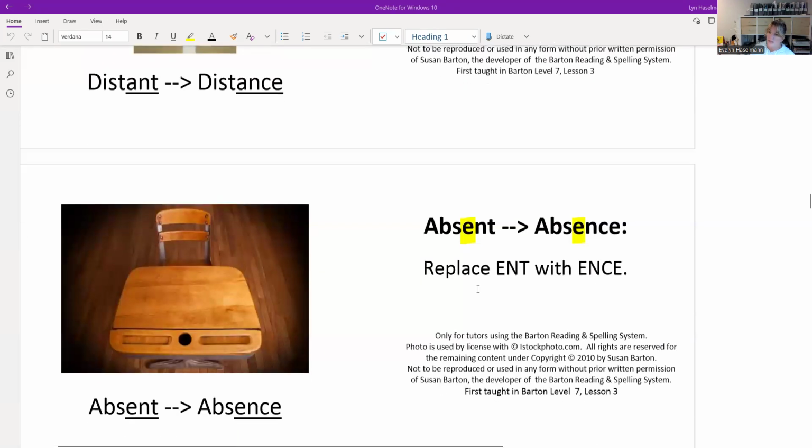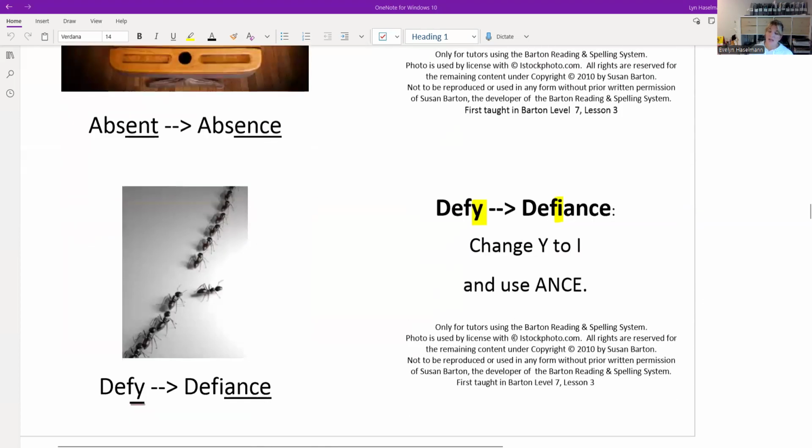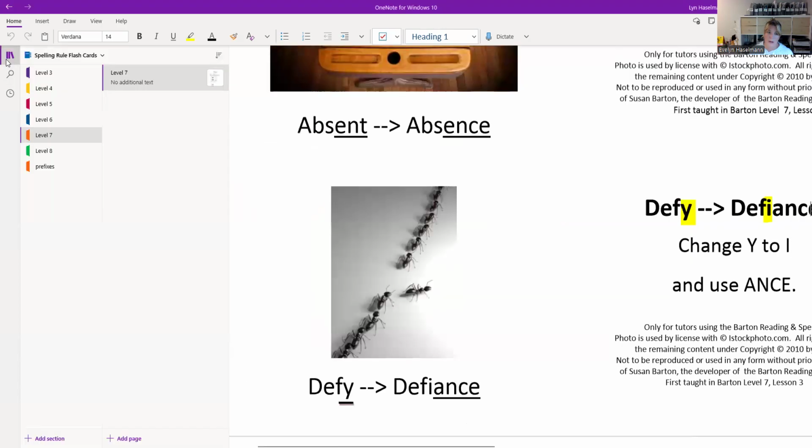Same with E-N-T in a word like silent or absent. You would replace E-N-T with E-N-C-E. And finally, we learned that all words that end with Y, you change to an I and then you add A-N-C-E.